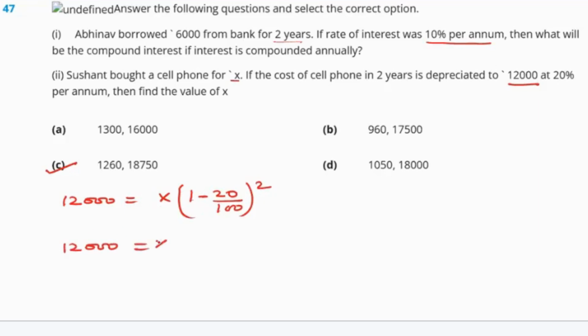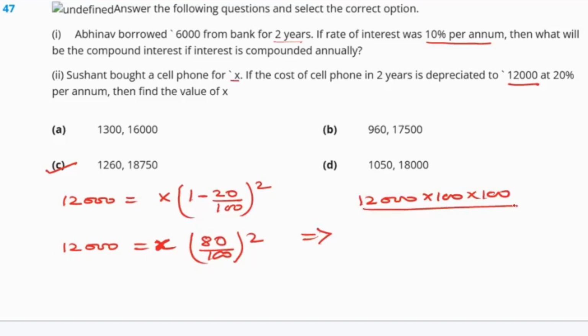So 12,000 is equal to X times 100 minus 20, which is 80, by 100, raised to the power 2. When we take it to the other side, it becomes 12,000 times 100 times 100 by 80 times 80.